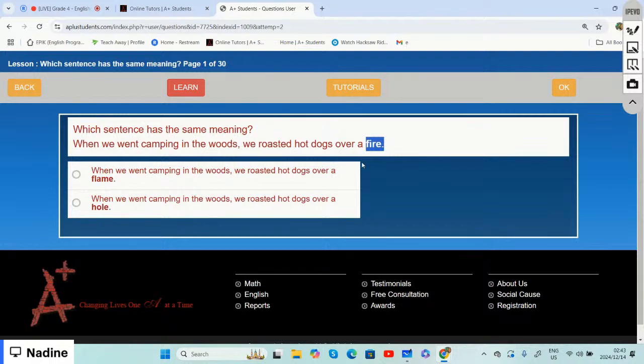So we need to find the sentence that has the word that's a synonym of fire. So do we say we roasted hot dogs over a flame, option one, or we roasted hot dogs over a hole, option two? Which word is the same as fire? Is it flame, option one, or hole, option two?